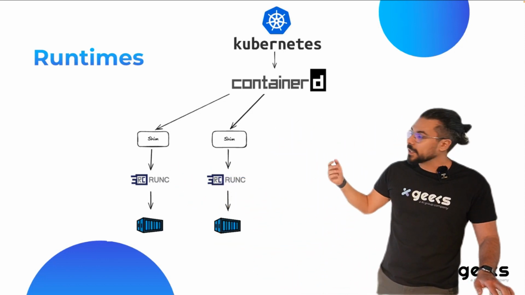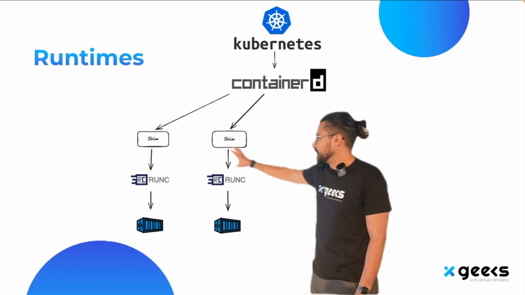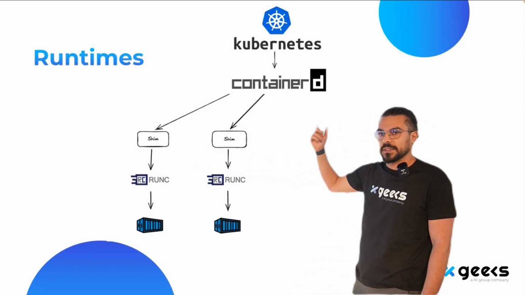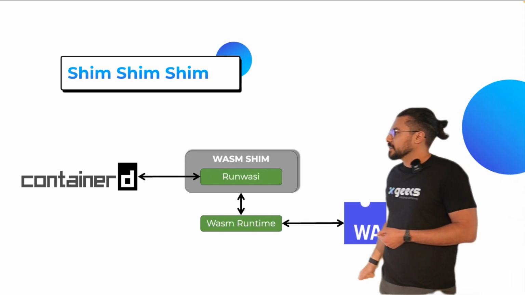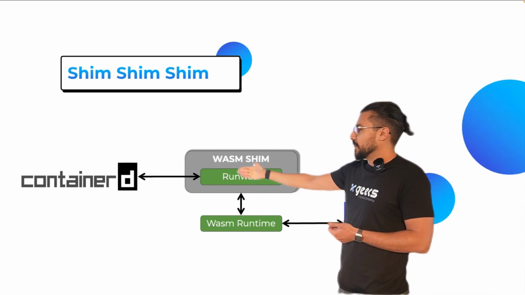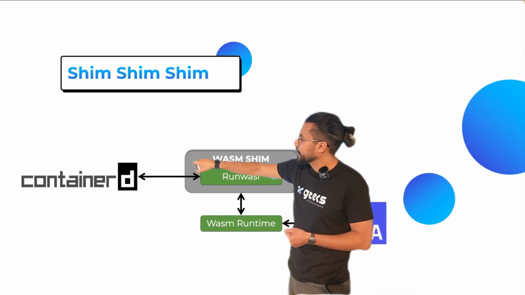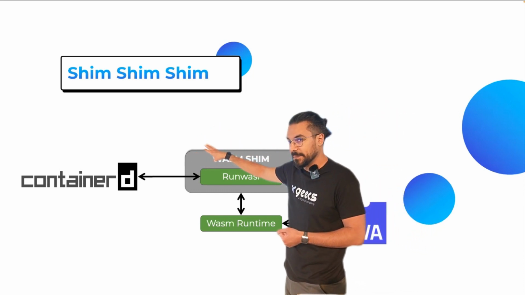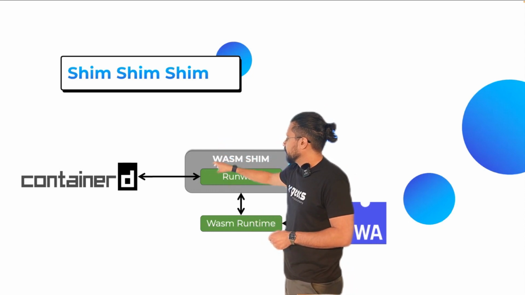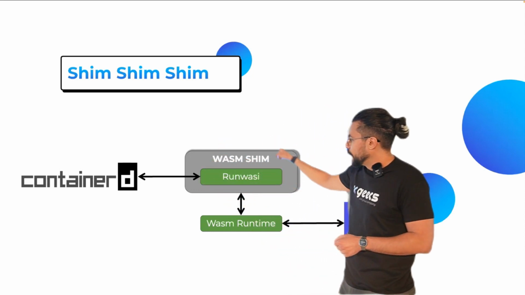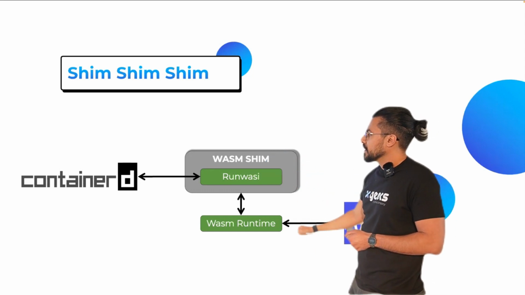This brings the possibility, from the low-level runtime, which is runc, to have other runtimes. For example, WebAssembly runtimes. So we have containerd, and then a WASM shim, a new secretary, which will talk to the WASM runtime that will then run WASM modules.